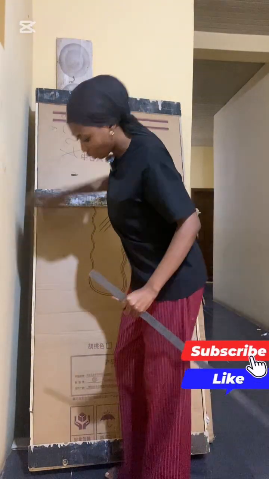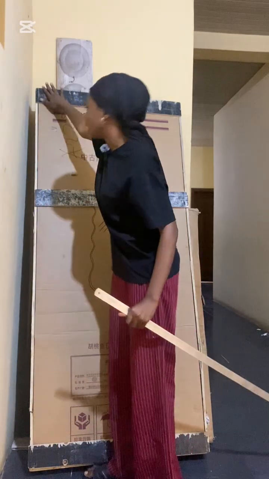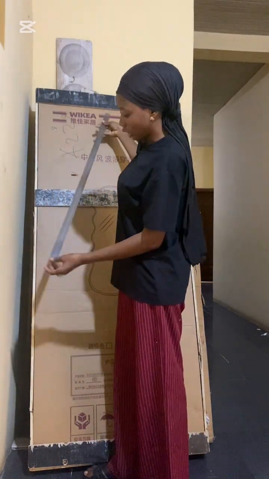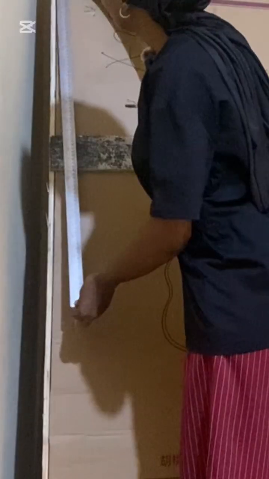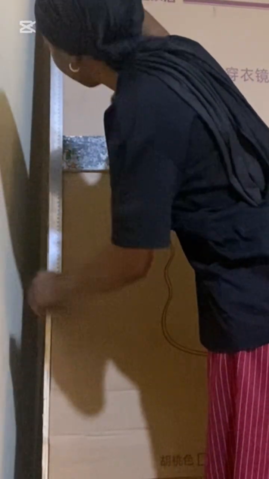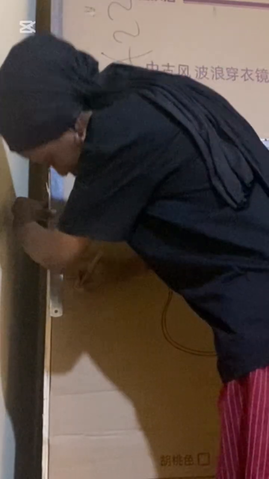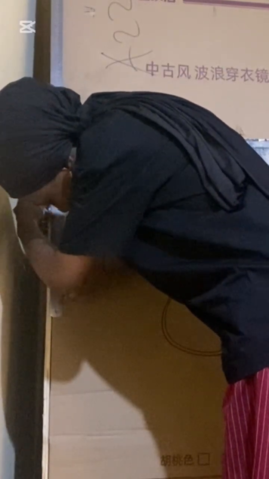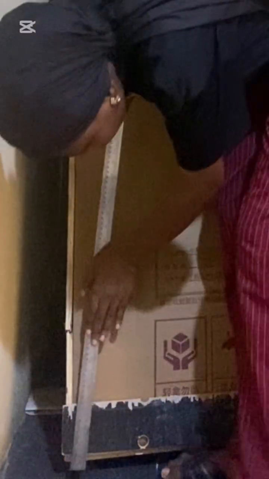From this side to this side is our height. So we take measurements for this. So here is 100 centimeters. Then I'll calculate from down to this point.